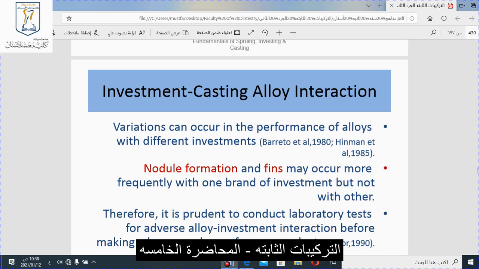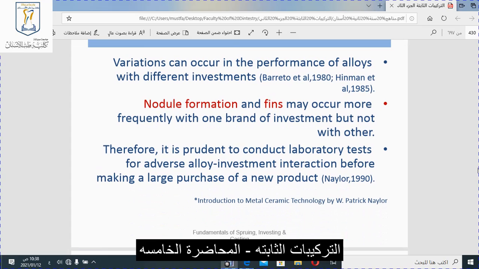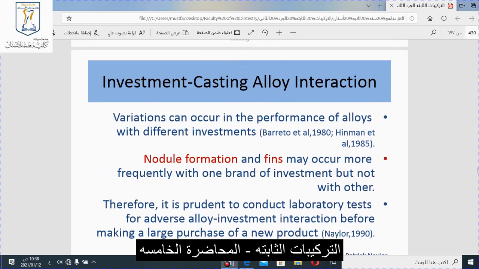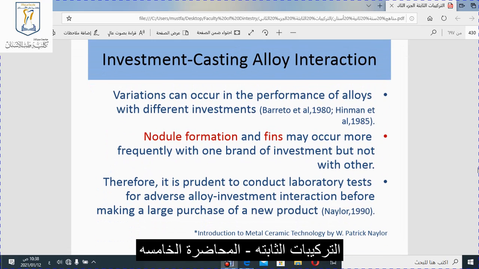Nodule and fin formation may occur frequently with one brand of investment, but sometimes they are produced with some brands and types of investment and cannot be produced with other types. Therefore, it is prudent to conduct laboratory tests on that investment material before we use it.